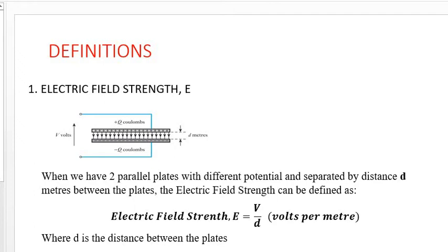So the units are volts per meter because we are dividing voltage by distance. So that's the definition for electric field strength.